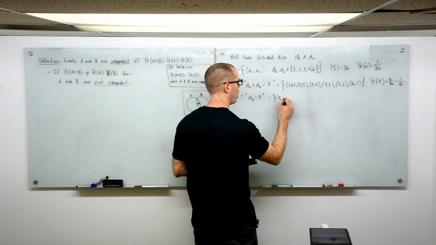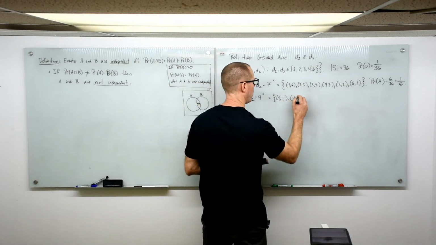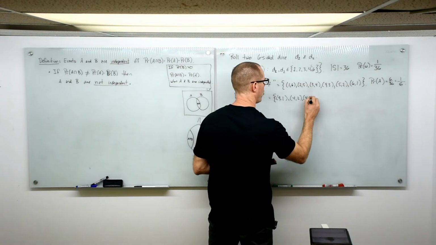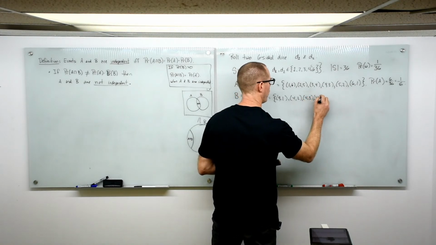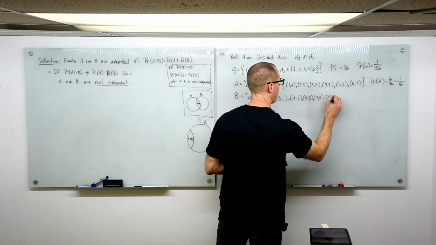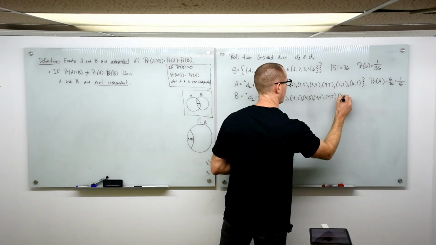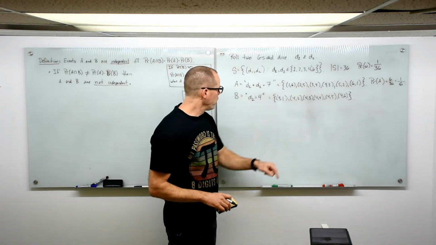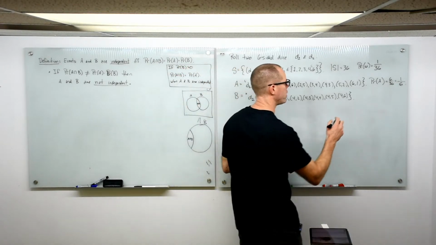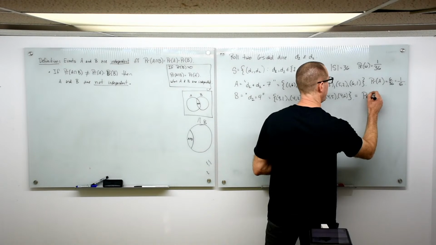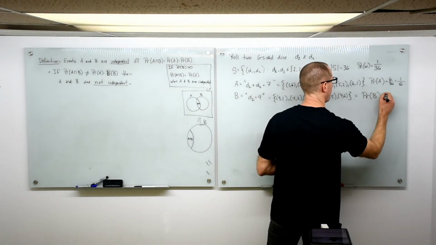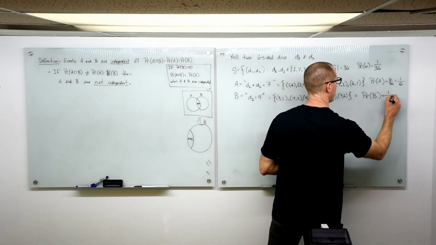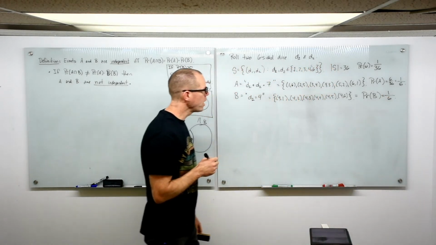D1 is set to 4, so this is 4, 1, 4, 2, 4, 3, 4, 4, 4, 5, and 4, 6. 6 choices for D2, so this set also has size 6, so the probability of B is 6 out of 36, or 1 out of 6.